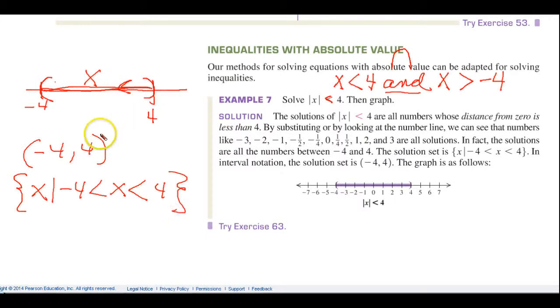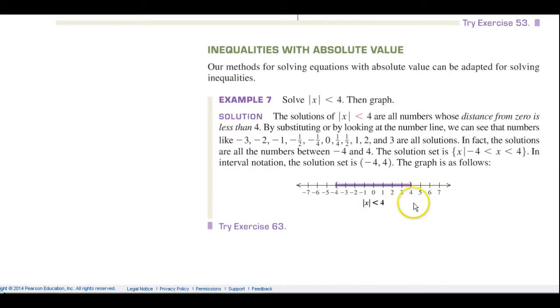And in a sense, it should be an old friend now. Now, this is true when you have the absolute value of something is less than. You get a conjunction. Let's go on.